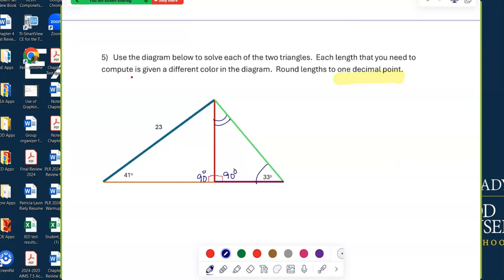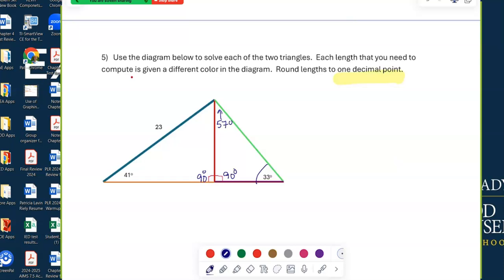So take your 90, subtract away 33, and then this angle right here is going to be 57 degrees. Okay, maybe what I'll do is I'll put it right inside so you can see it. So this angle is 57 degrees.